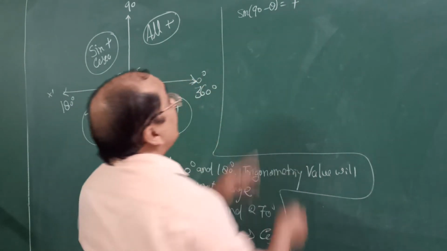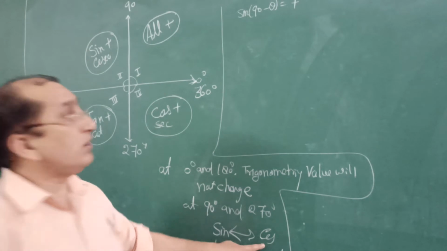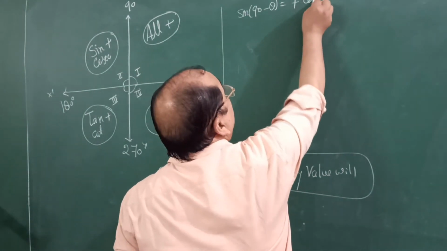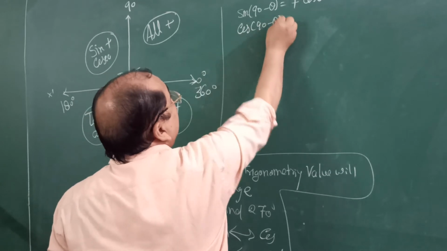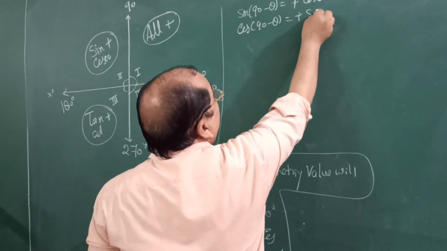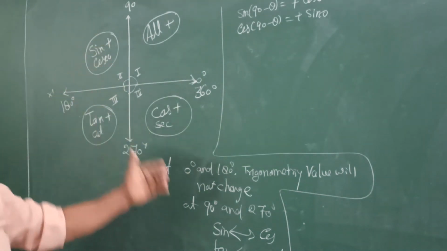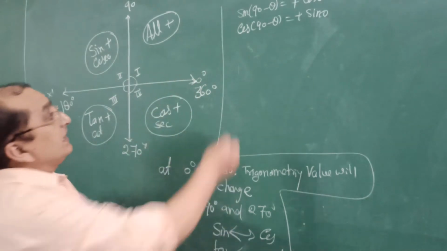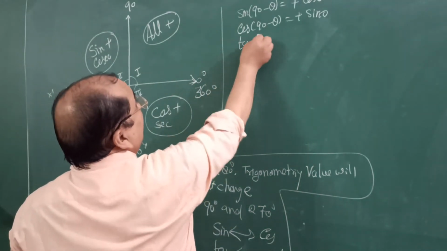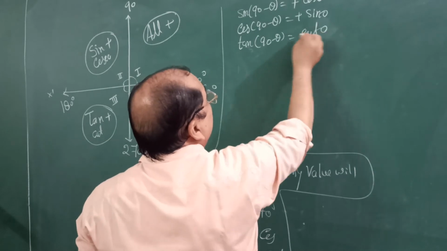Sine will change into cos, which means it will become cos theta. In the same way, cos of 90 minus theta means plus sine theta will come. I already told you, at 90 degree sine will change into cos and cos will change into sine. Here, same with tan: tan of 90 minus theta means cot theta will come, positive.